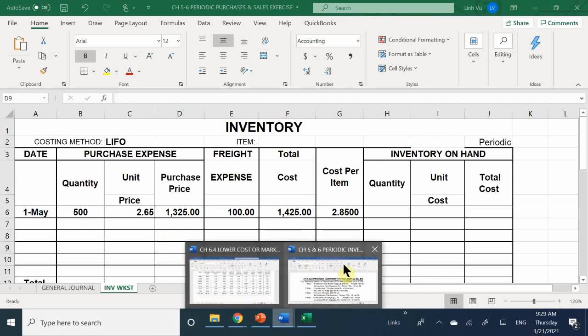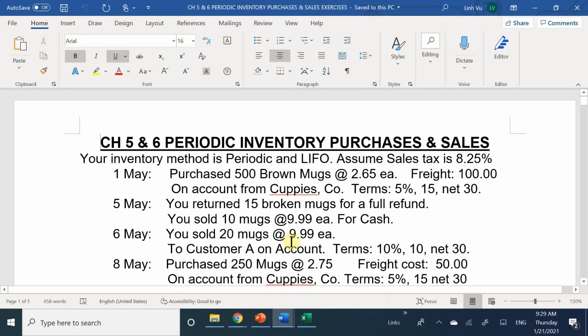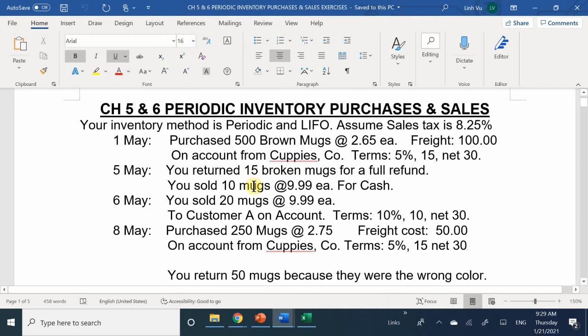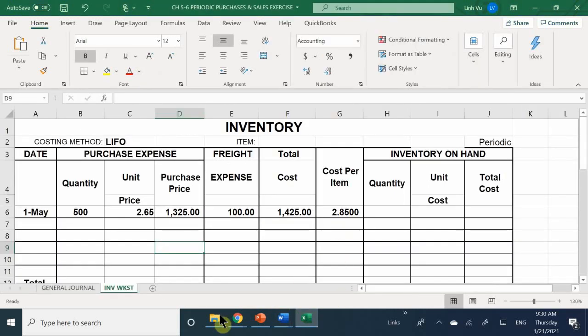All right, let's see what happened in scenario number 2. On May 5th, you end up returning 15 broken mugs for a full refund. We're going to do purchase returns and allowances. Okay, good.